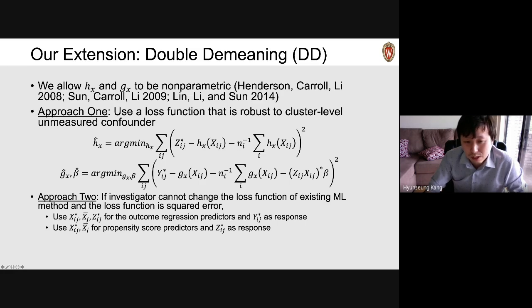So essentially, this portion can effectively be approximated by this thing, although it's not a perfect approximation, it can be reasonably approximated. And the same for this portion. You can effectively mimic this portion as a function of these two predictors. So you can just plug it into your favorite existing ML method with a squared error loss, and then get an estimate of H hat x and G hat x that are similar to.